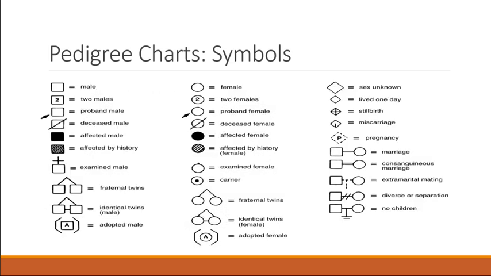These are further symbols. Here it's specifically talking about males, then females, and some of the weirdly mentioned labels which are generally not used in common pedigrees, but have their existence.